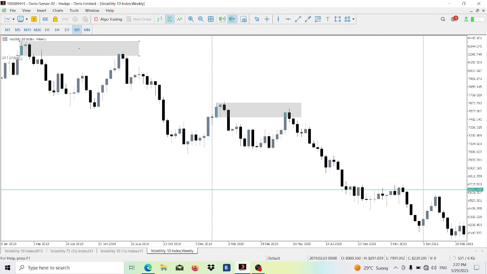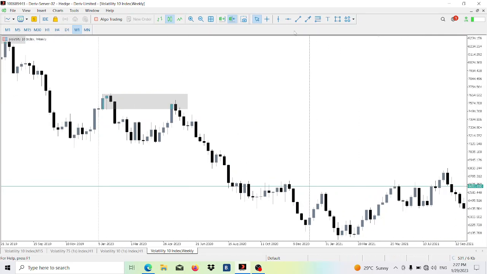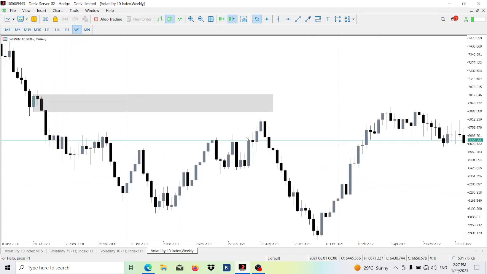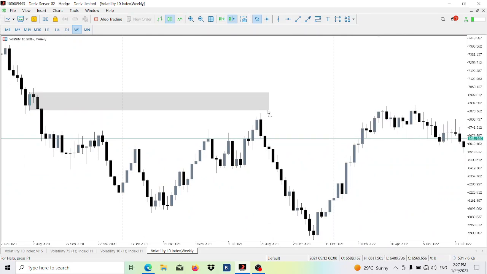I would love to have a candle that has a big body. Likewise here, this candle has a big body. As you can see, last up candle for a sell, failed to reach it. But this time it did.